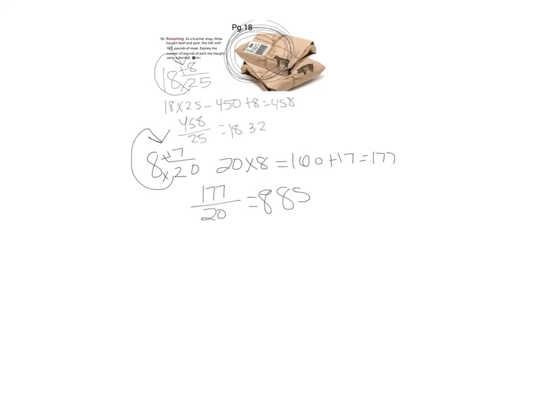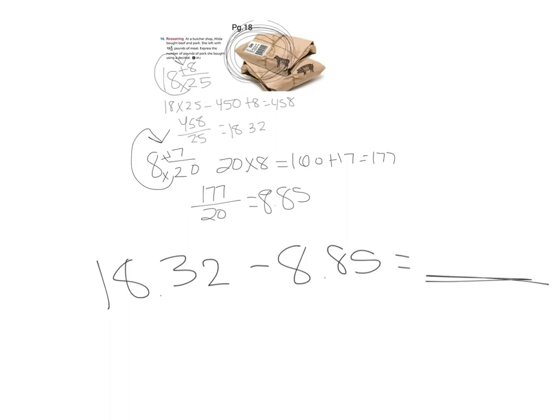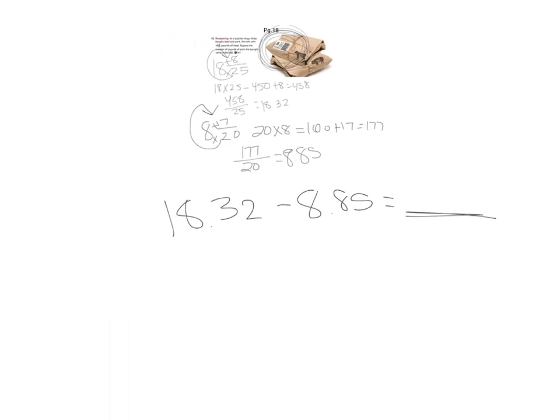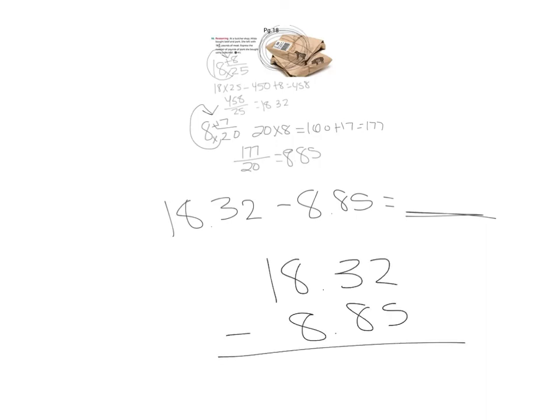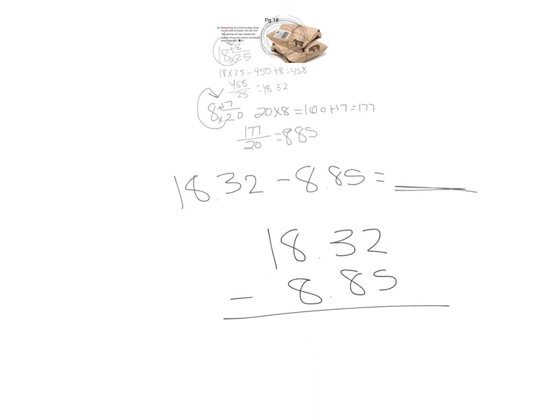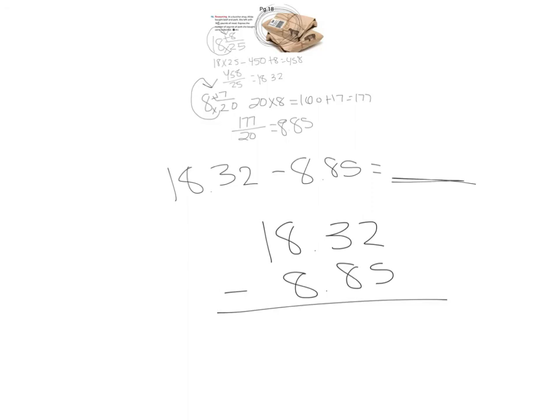So the total amount in decimal form is 18.32. The total amount of beef in decimal form is 8.85. So to find the pork, we've got to subtract the beef from the total, and we get the pork. So if you subtract that, 2 minus 5, we cannot do that, so we have to borrow and make the 2 a 12, and we get 7.